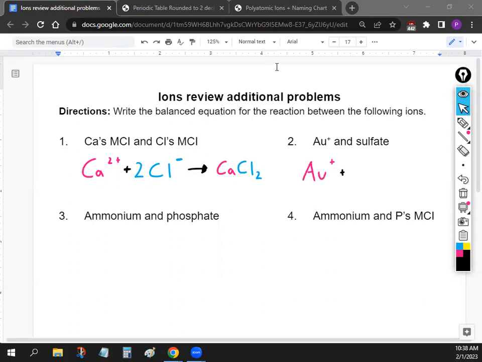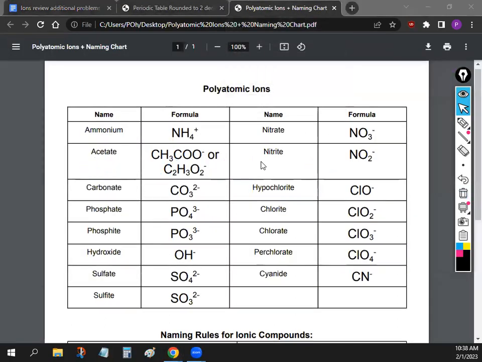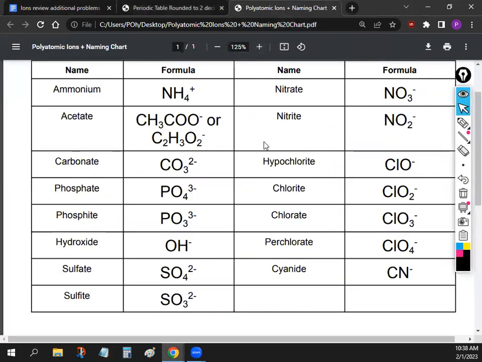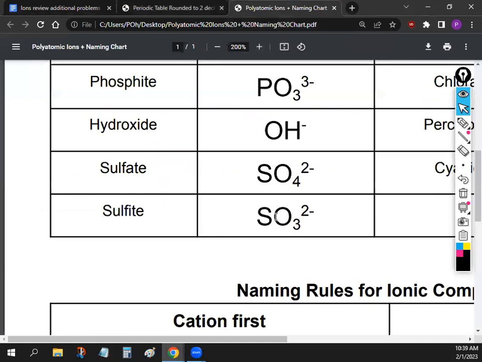So what you're going to do is go to the back side of your chart and look for sulfate. I want you guys to take a look for sulfate and just copy it down exactly the way it is on your notes. So copy down sulfate's formula. I'll give you like 30 seconds to do that.